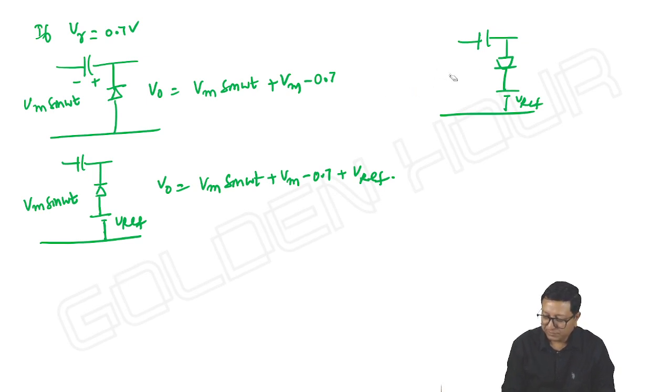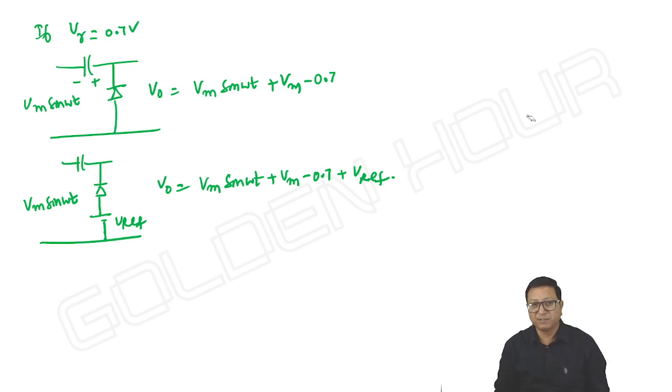And here what we said is positive peak of the input should be less than V reference. Now instead of taking positive peak should be less than V reference, I should take here negative peak of the input should be less than V reference. Then only the diode will conduct.